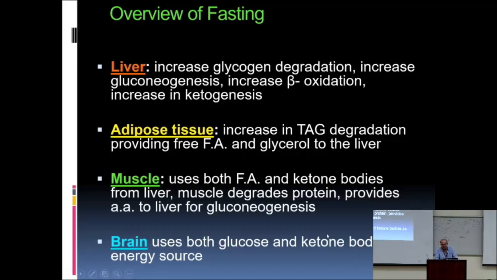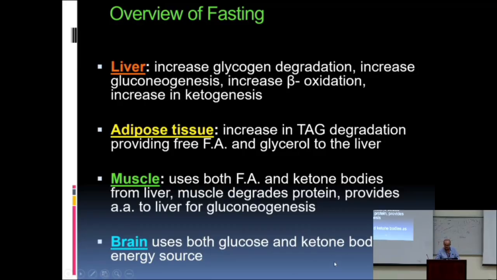It may take several days, sometimes a week or two, before the ketone body levels reach the concentration that the brain needs to pick them up. Okay? But nevertheless, the brain is able to use ketone bodies.